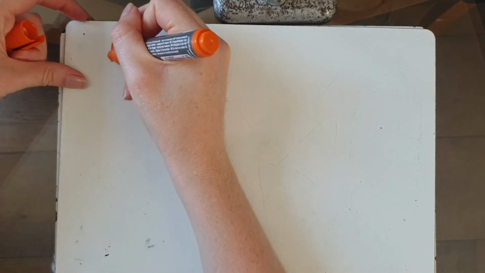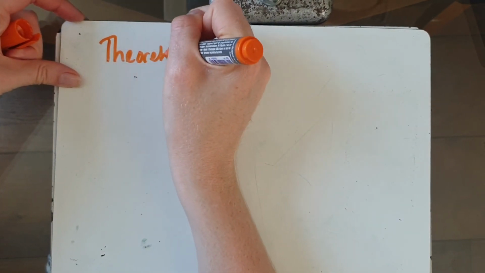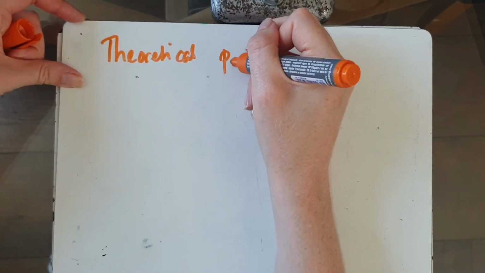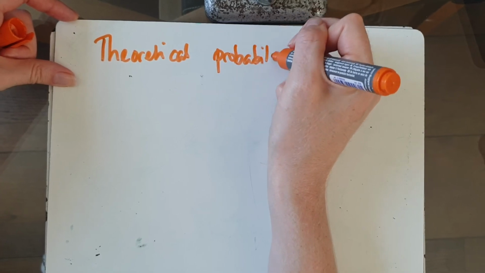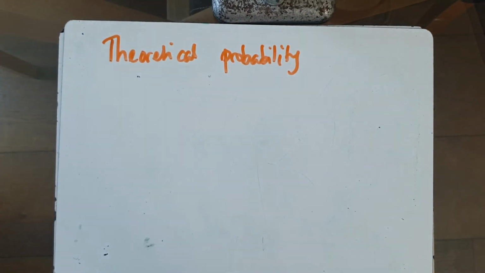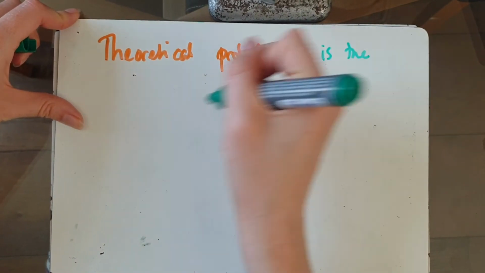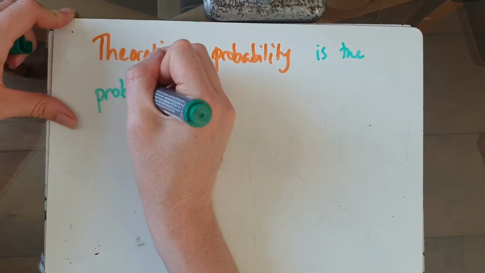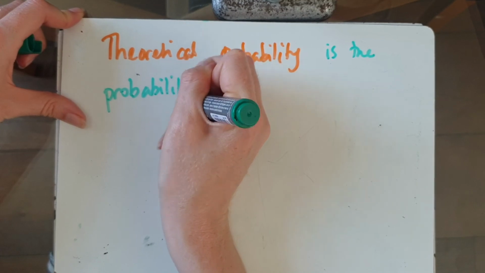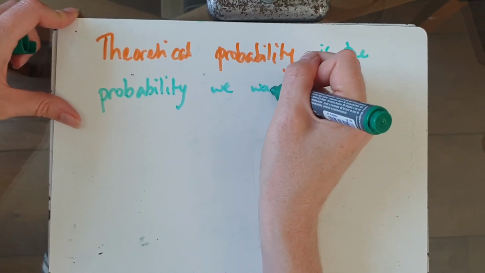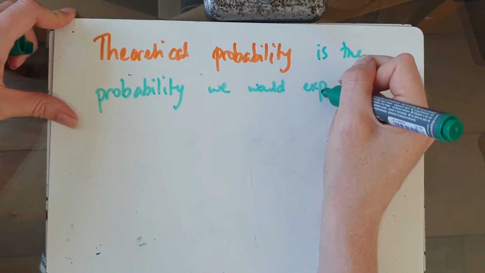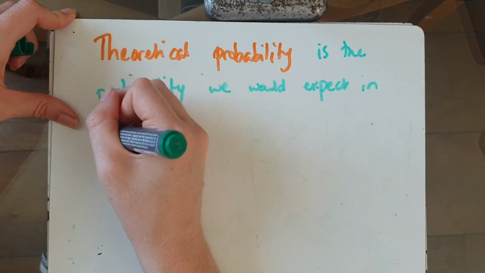So, theoretical probability is the probability we would expect in theory.